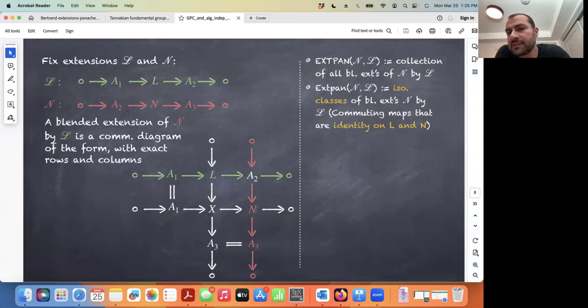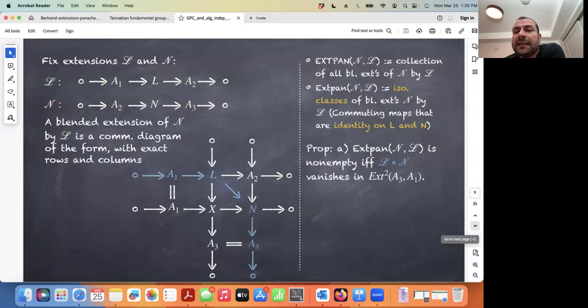So this is similar to the situation for Ext groups, right? The all caps EXT means just the collection of all extensions. And then the usual equivalence for extensions requires that your maps here and here are identity, right? And that's a similar convention in terms of capitalization as well.